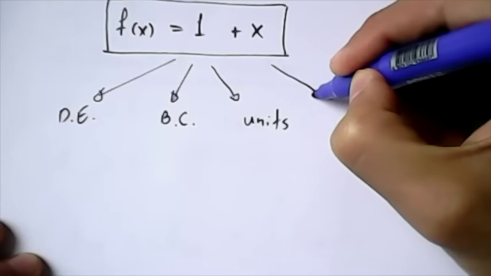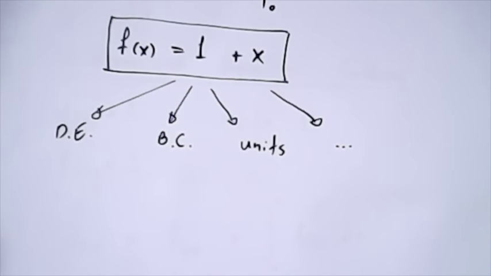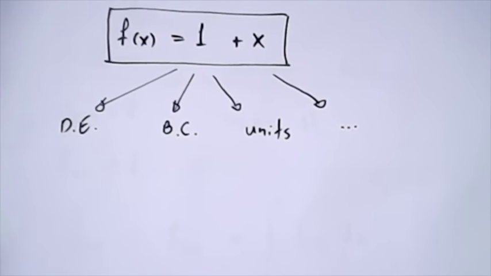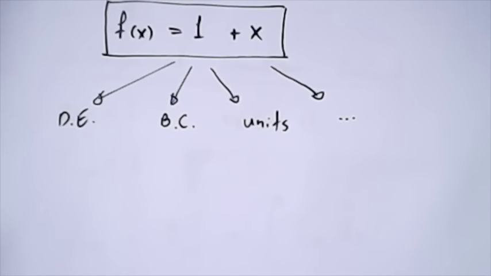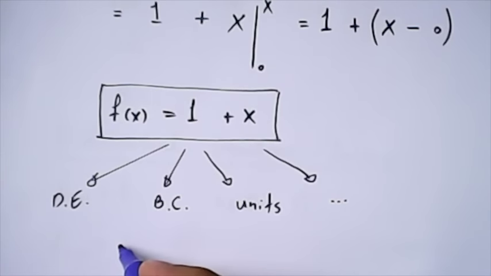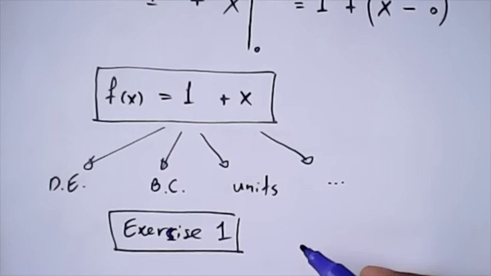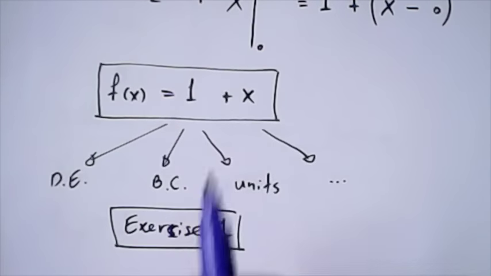And you can go on and do any other check which is logical, and make sure that your solution is actually valid. So I would leave it to you guys. This would be exercise number 1. Do this yourself. Make sure that this is actually the solution.